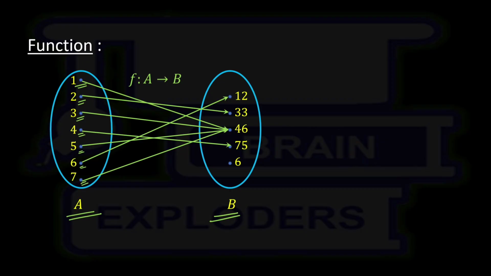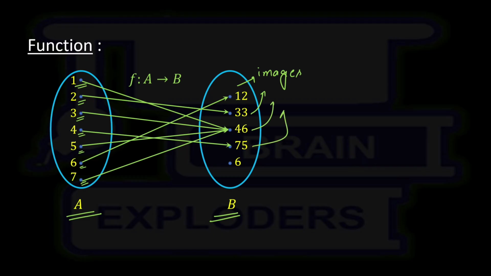Every element of A is connected to some element of B. Here these elements of B are called images. Only those elements are called images which are associated with some element of A.